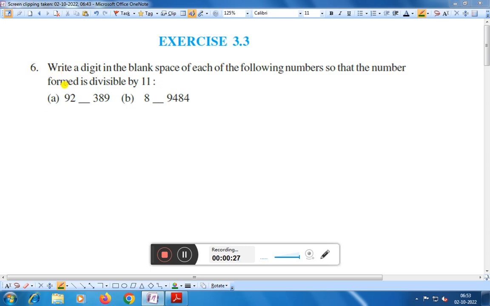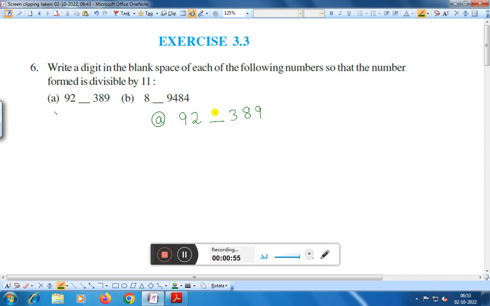Here you see the number is 92_389. Suppose we don't know the digit.